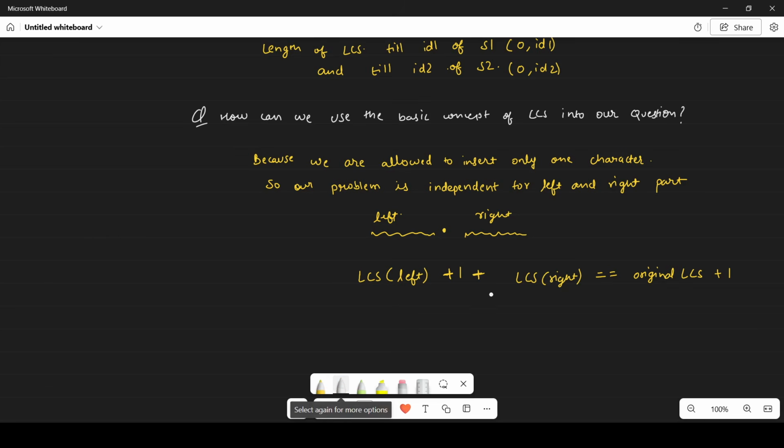Now most of you think, why do I take this plus 1? Does it always guarantee that your LCS increases by 1 if you insert a character?